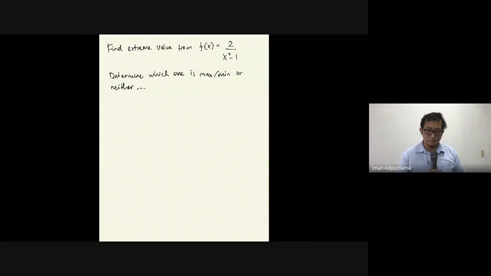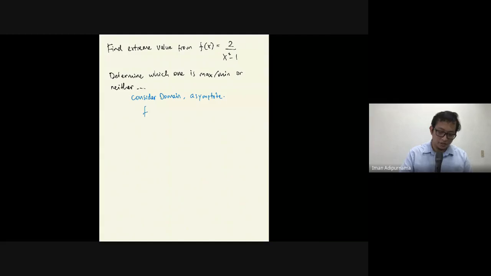Okay. If you have any function that is not really described on an interval, then you need to consider the domain. So consider the domain, and also the asymptote that maybe the function has.